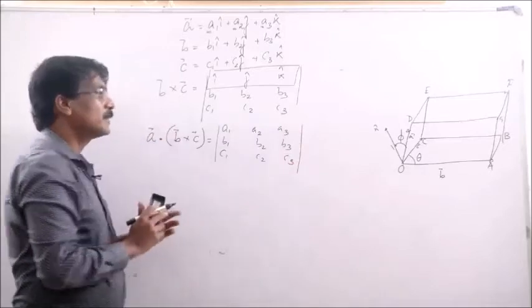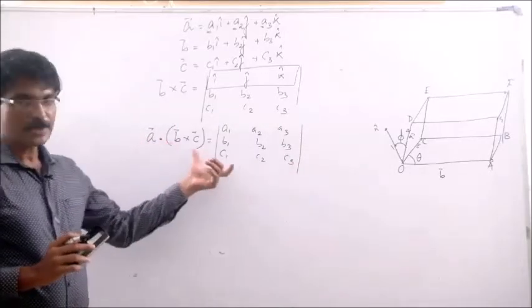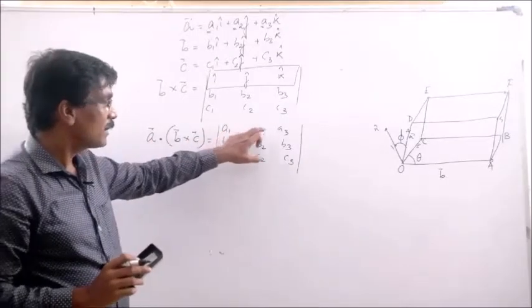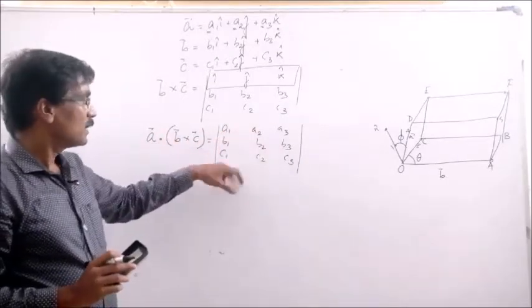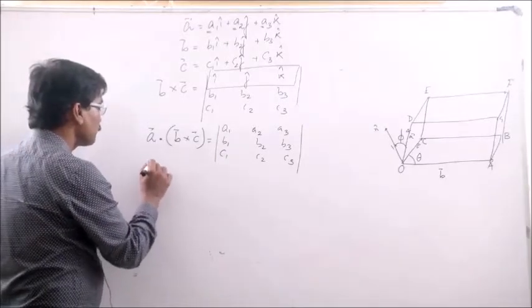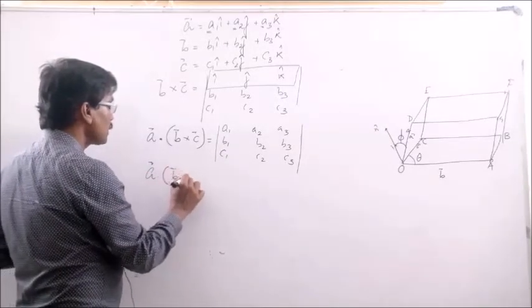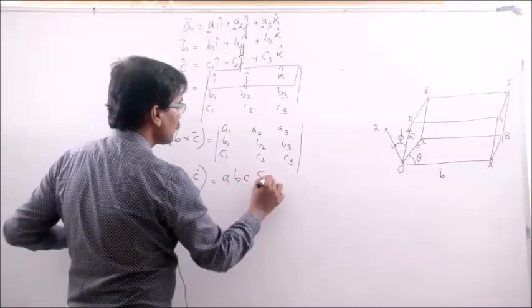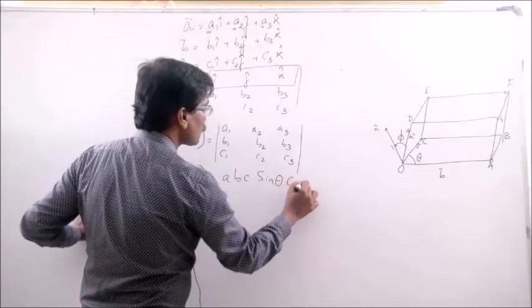So in component form we can express A dot B cross C as the determinant, first A vector, that is A1, A2, A3 components, then B, then C, and A dot B cross C is equal to ABC sin theta cos phi.